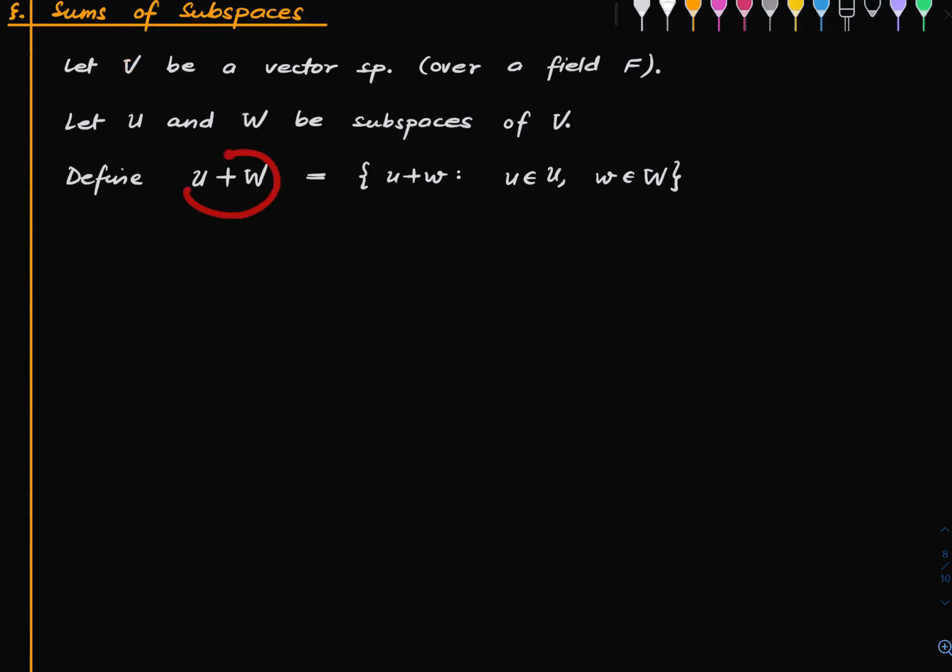This is a new thing that we are defining, while this plus is from the vector space V. So this is the definition of the sum of U and W, and check that U plus W is a subspace. Very simple exercise.